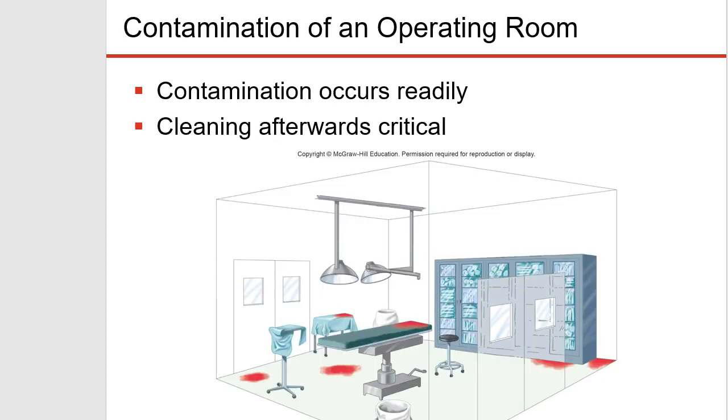And last but not least, let's look at the contamination of an operating room. It is so important that our cleanup crew, which includes our janitorial staff, do a good job, because this is actually a picture of Pseudomonas. So pseudo A, this patient has pseudo A, and look where it got. All these red spots are places of contamination.